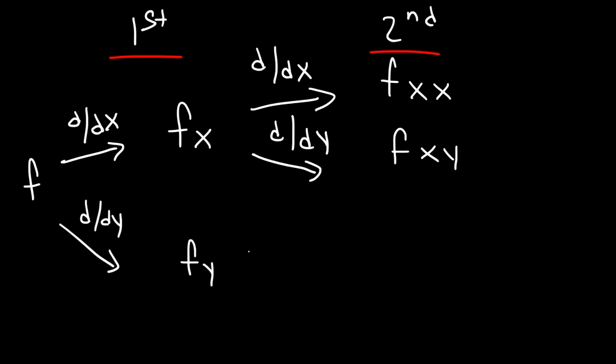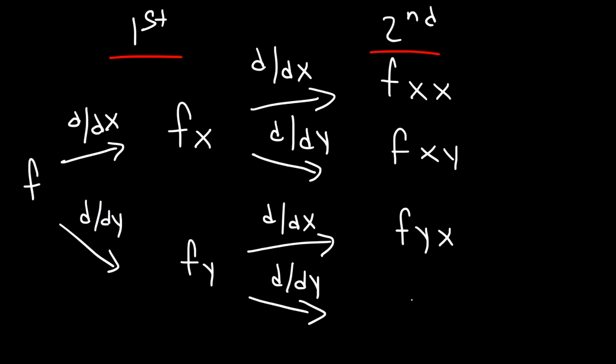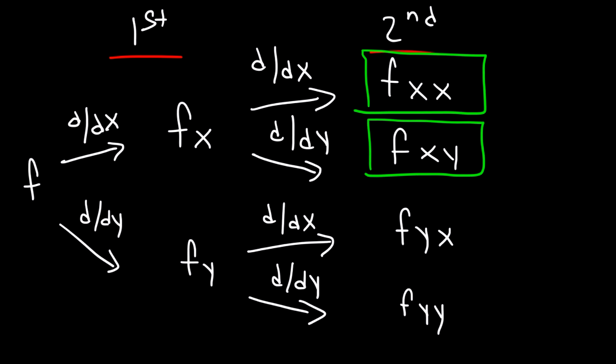Now fy, we could differentiate it with respect to x, and we'll get fyx, which means that we differentiated first with respect to y, and then with respect to x. Or we could differentiate fy with respect to y, which is fyy, which means we differentiate the function twice with respect to y. So when dealing with second partial derivatives, if you have a function with two variables, there are four derivatives that you can get.